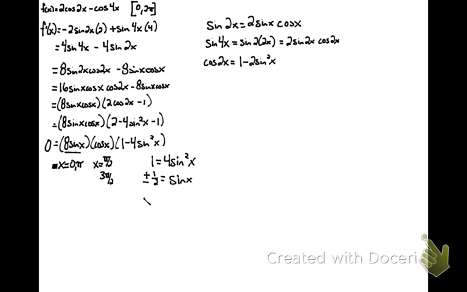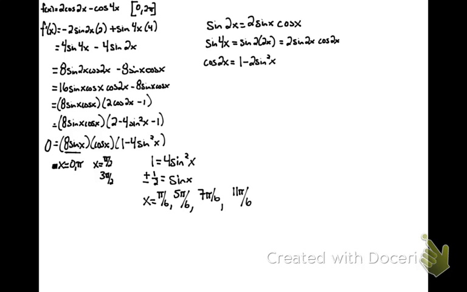And this happens at 4 different values: pi sixth, 5 pi sixth, 7 pi sixth, and 11 pi sixth. It's important to note that you must always be working in radians, and it's important that you know your trig values for pi sixth, pi fourths, pi thirds, 0, pi halves, and then all of the corresponding angles in the other 3 quadrants.